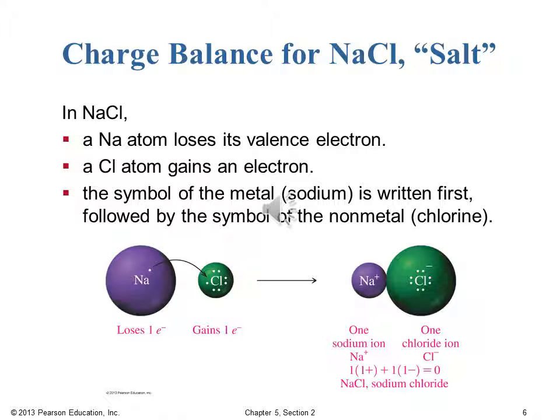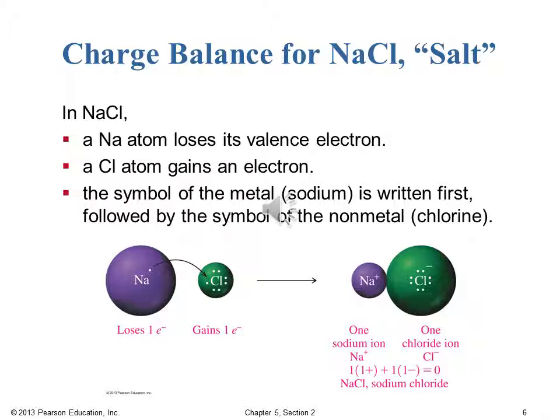So if we're looking at our process again, we have the neutral sodium atom loses 1 electron from its valence to now gain the electron configuration of neon, a stable octet. The chlorine gains the 1 electron to become like argon, to have a stable noble gas configuration there.